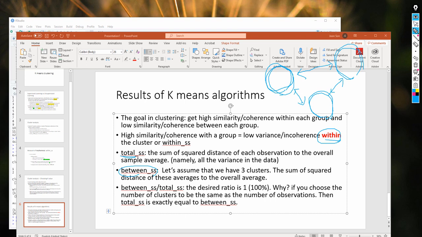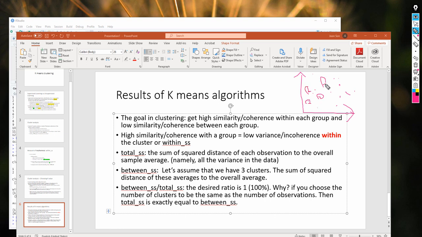Let's say you have all the observations. Let me use red. So let's say these are your observations, and then each observation becomes a cluster.